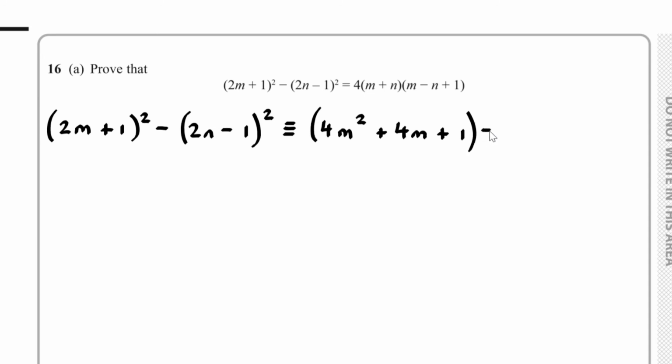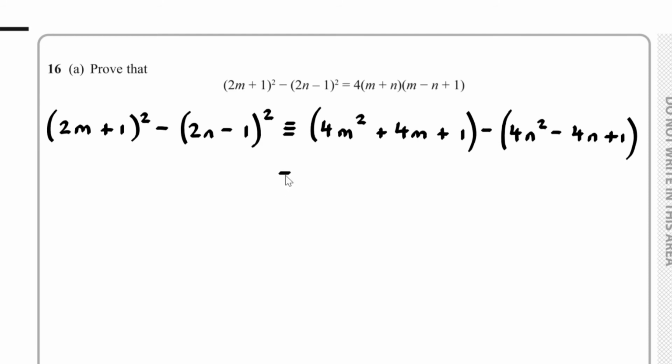Then we subtract from this 2n minus 1 all squared, so that is 4n squared subtract 4n plus 1.